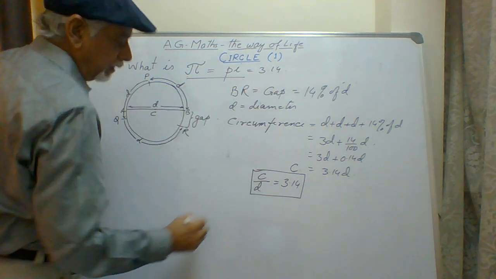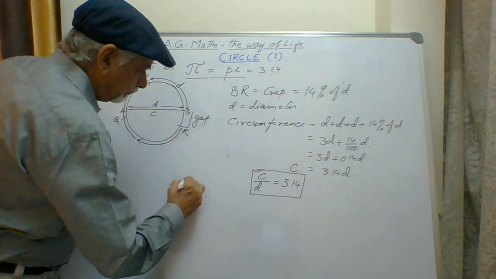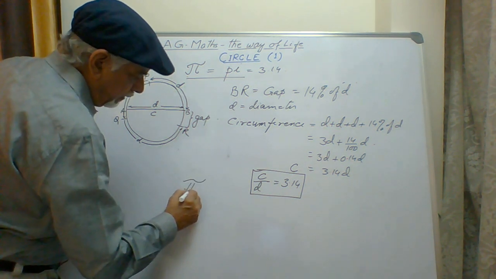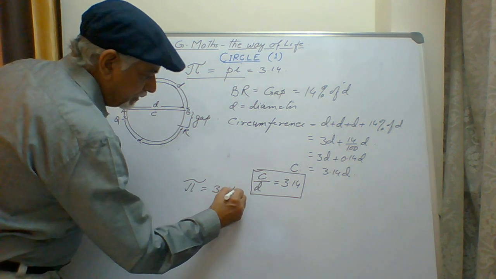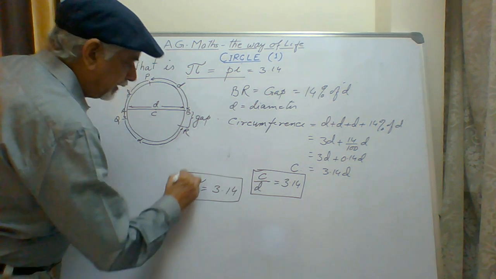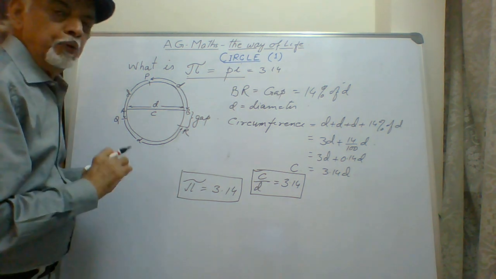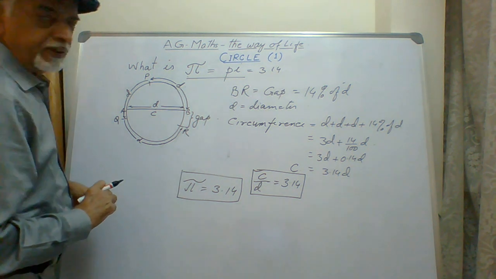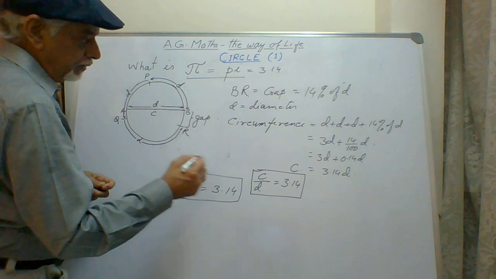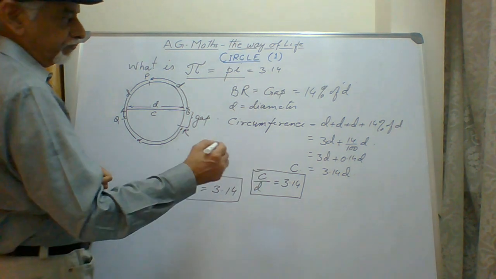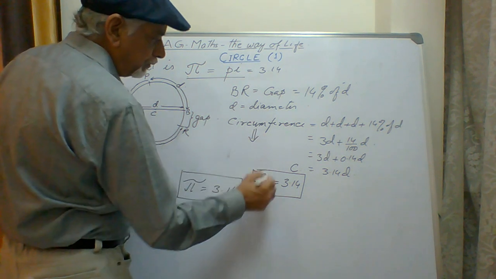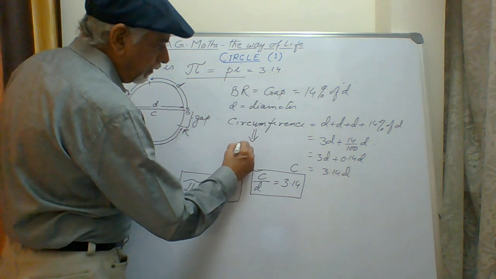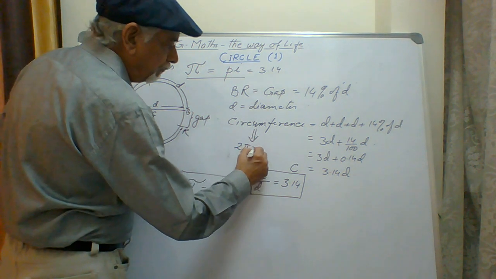This was a very important finding by the mathematicians, and it helped to calculate so many things in our mathematics research work. Finally, we can also say that the circumference of any circle, C, is equal to 2 pi r.